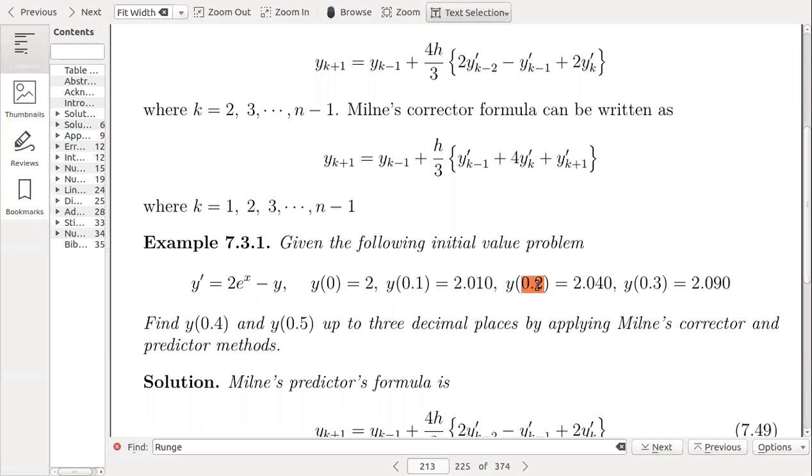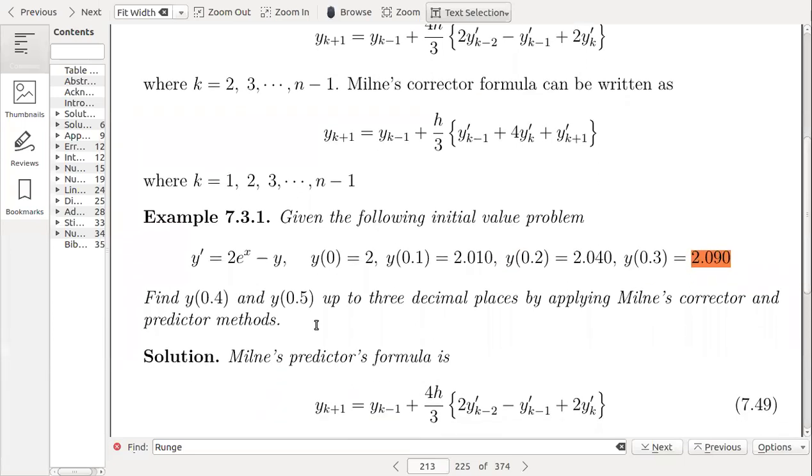If x is 0.2, the value of y is 2.040. And if x is 0.3, y is 2.090. Next, we need to compute the value of y at x equal to 0.4 and the value of y at x equal to 0.5 up to 3 decimal places by applying Milne's predictor and corrector method.